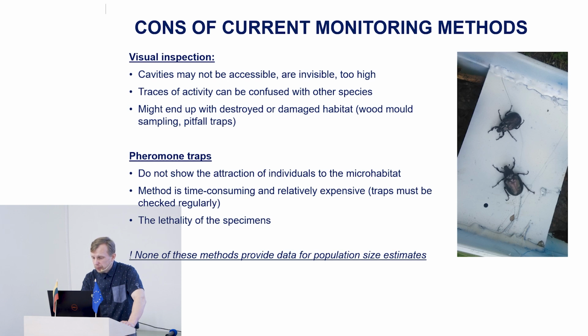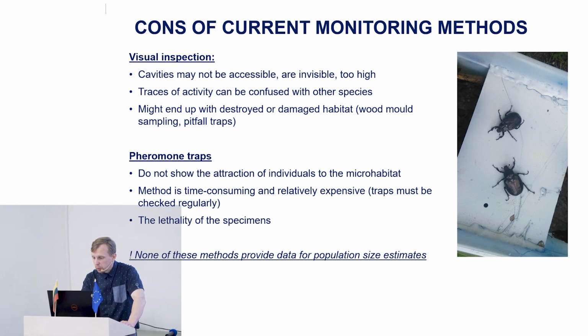It's also difficult to hit exactly the moment when the species is active, because the activity is different in different areas. According to the existing methodology, the assessment of the species must be done with limited resources.